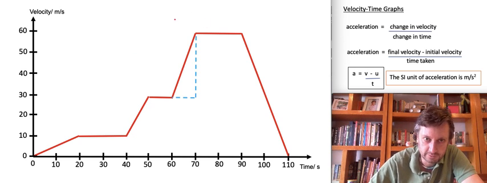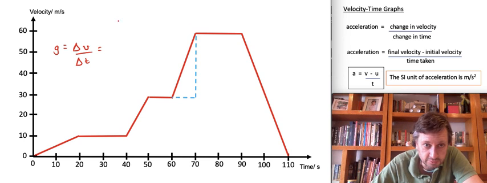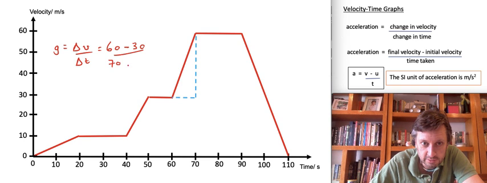Okay, this one, gradient equals change in velocity divided by change in time, which in this case will be equal to 60 minus 30 divided by the change in time, 70 minus 60.